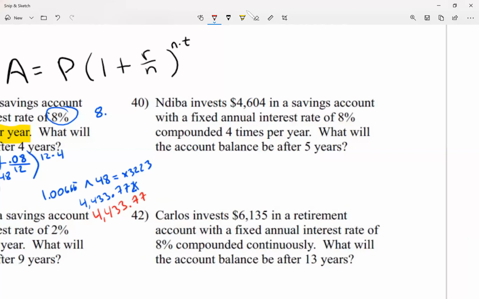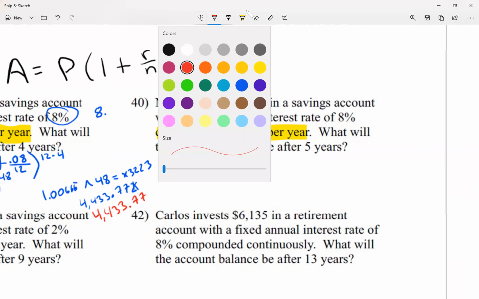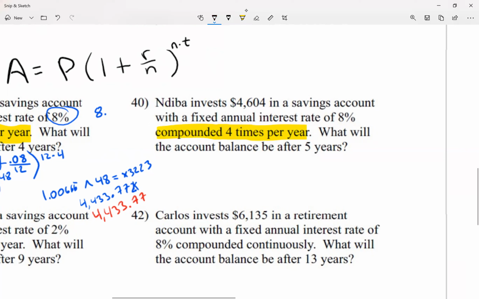Right? First thing I look is, does it get compounded a certain amount of times per year? And here it says compounded 4 times per year. Okay, so I pay attention to that. So I'm going to use my same formula here. My principal says Andiva invests 4,604.